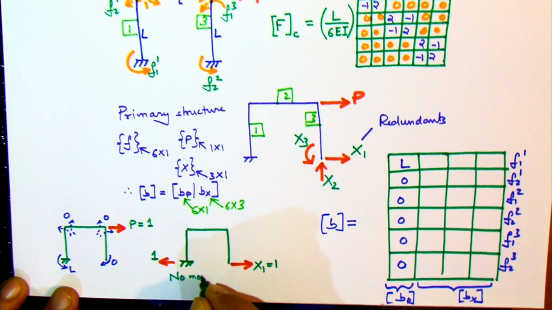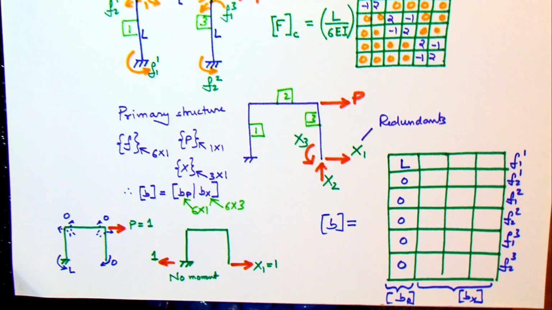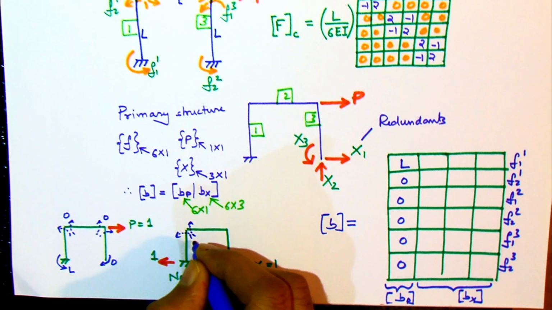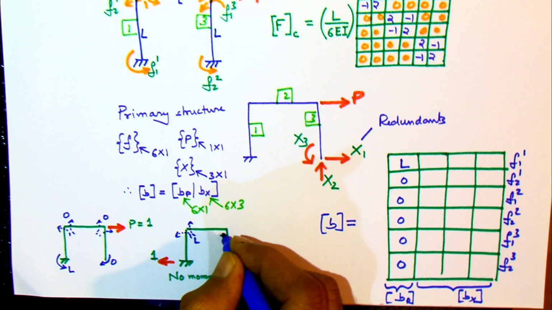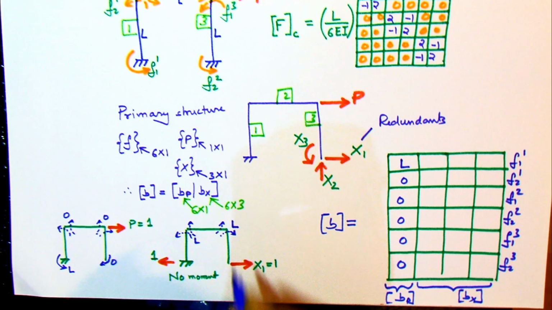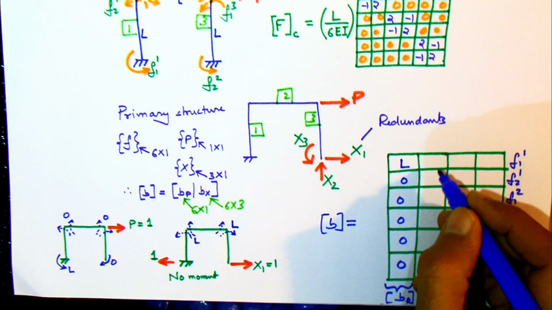Only a horizontal force would be there. This can be ascertained by simple equilibrium, and then the internal forces at various locations can be obtained by simple inspection or considering a section of the structure, either the left half or the right half, and then we can arrange all these forces along the second column. So this is the second column of the B matrix and first column of the matrix Bx.